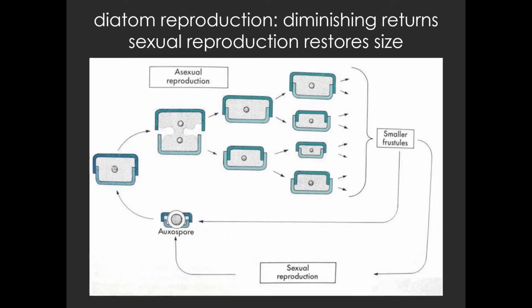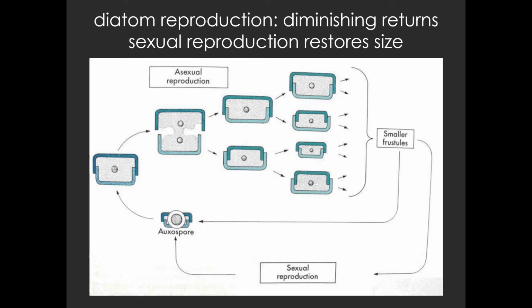Now, as a diatom, this organism has a really interesting problem. Because it has that rigid cell wall, it actually unlocks the two halves of the cell wall as it undergoes asexual reproduction. And as it does that, one member of the pair will end up smaller than the original diatom.